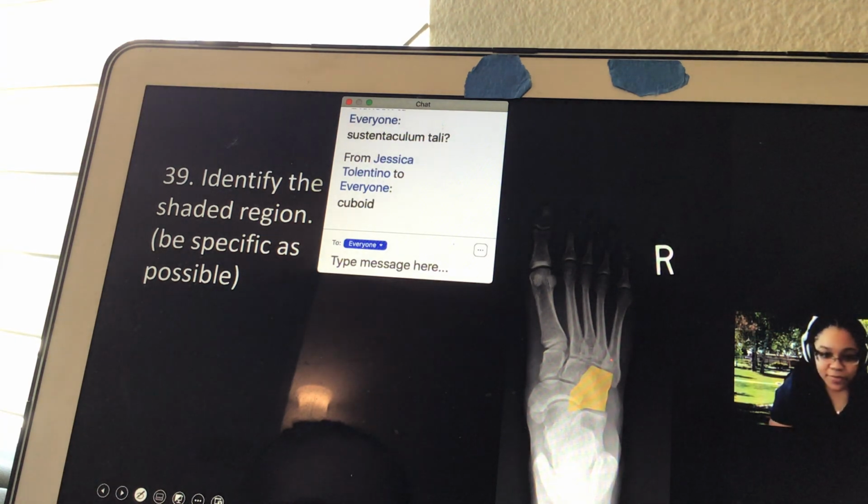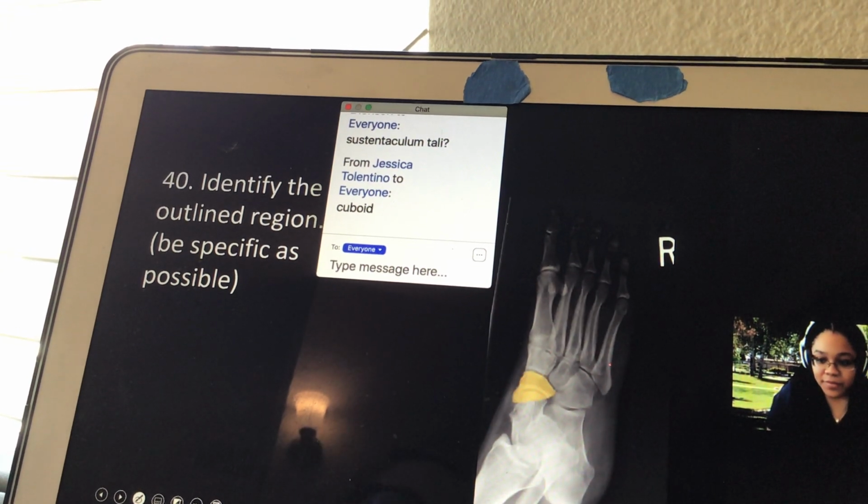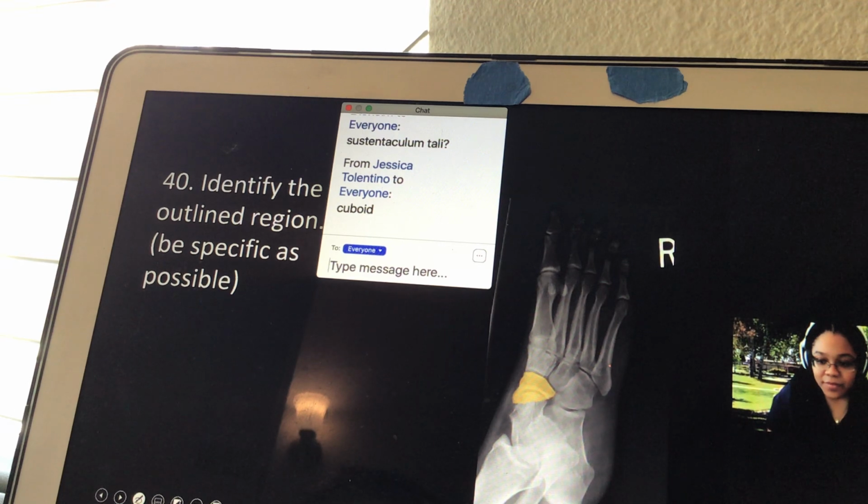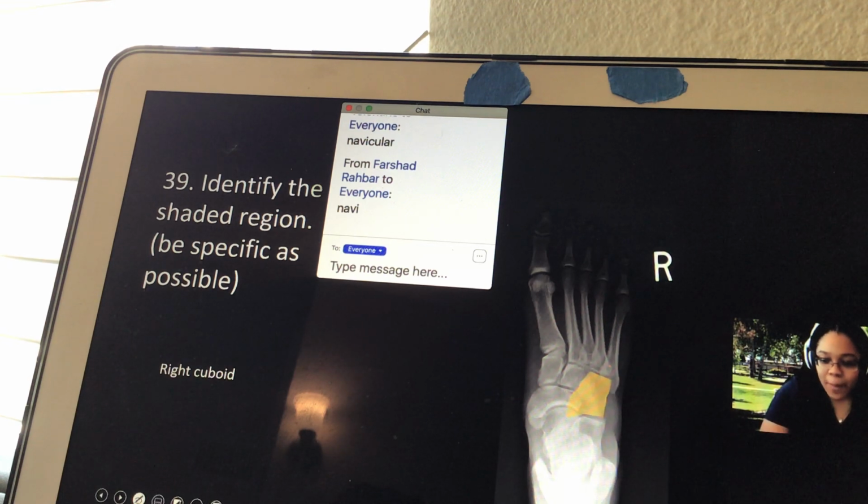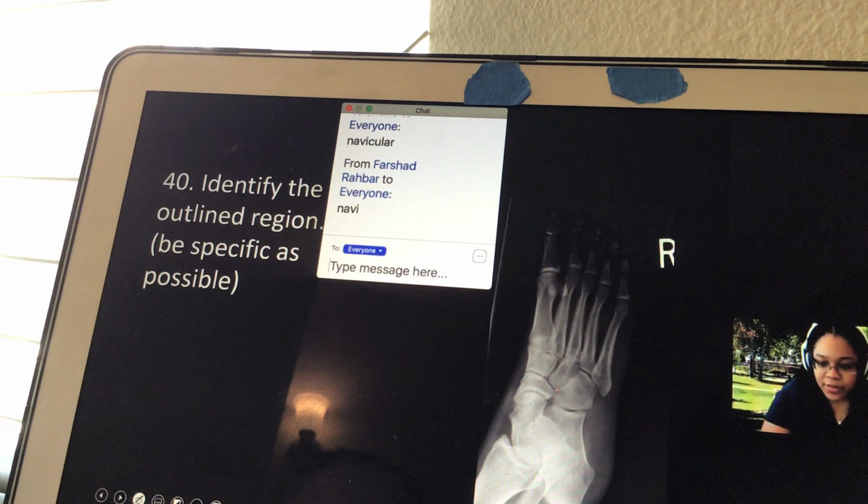What bone is that? Good. That's our cuboid. And that one. Good. So we can see the navicular much better projected on our D to P foot, the little boat-shaped one. You notice that it's still projected there.